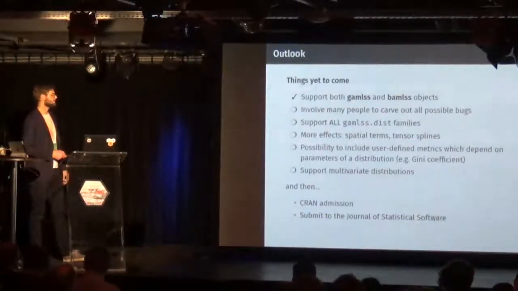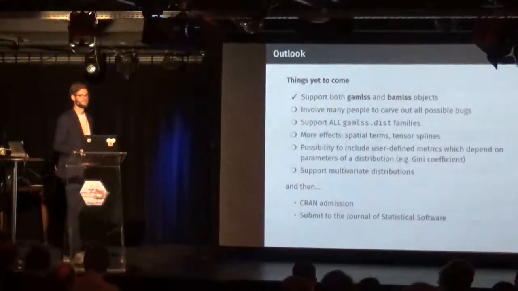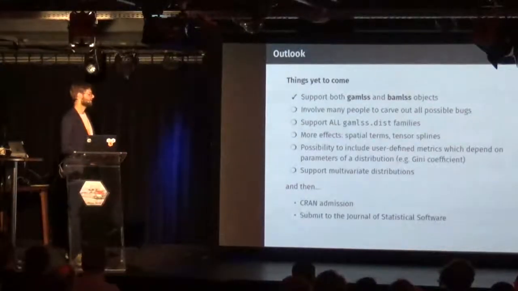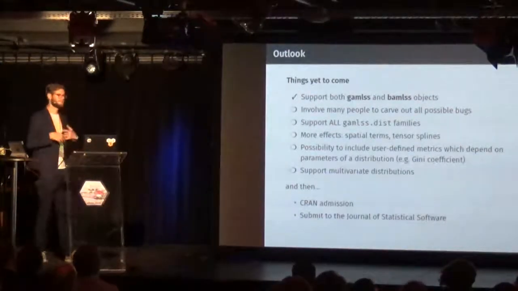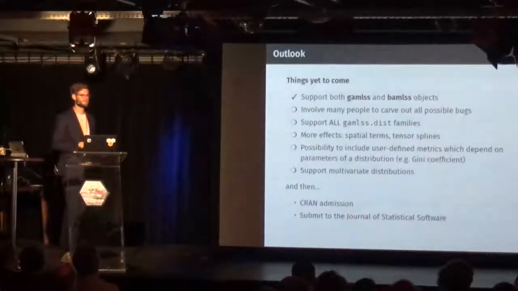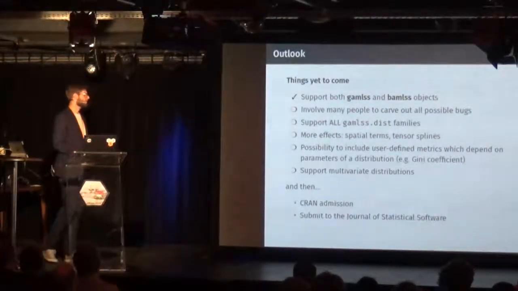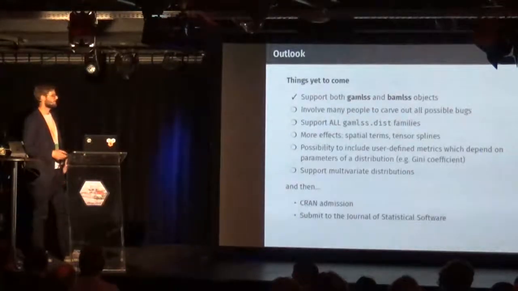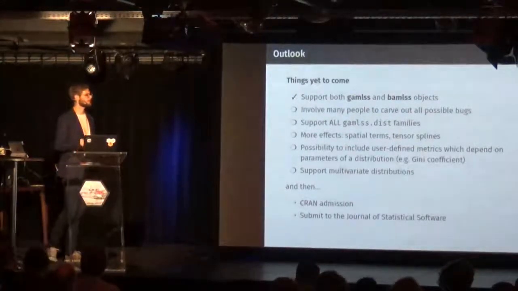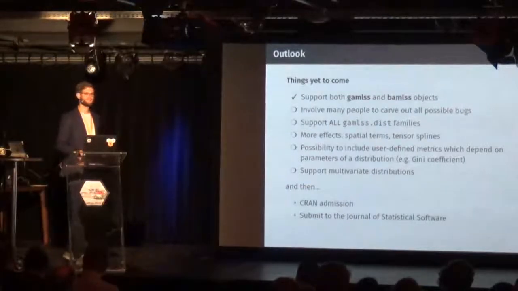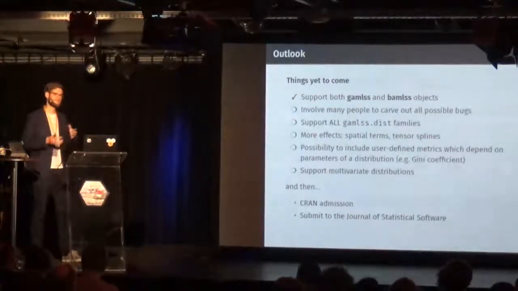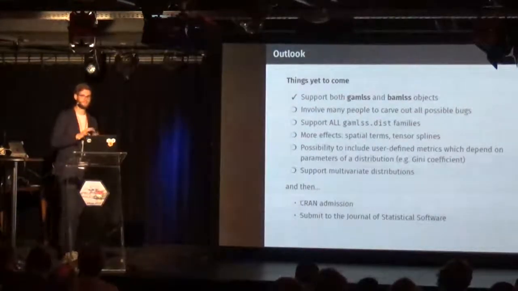And also I want to be able to support more effects. So for example, I could imagine having a map where, when you have a spatial term, you select some point and then it gives you a distribution for exactly this point. And also I want to support your own function that depends on those parameters. So you might have some Gini coefficient or some other measure that depends on your distribution.